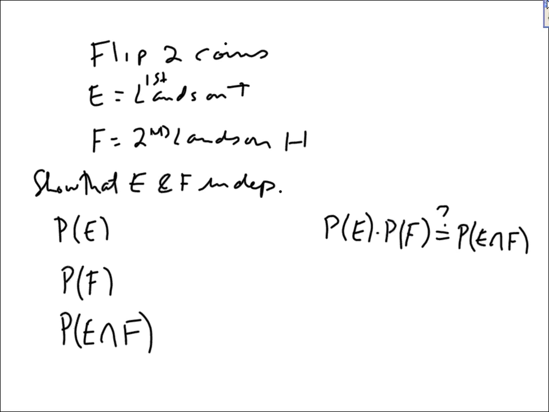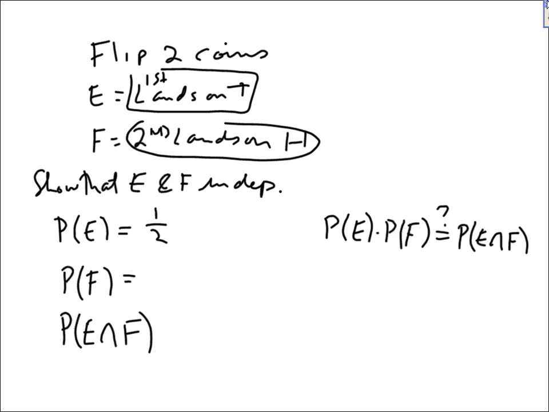Well, the probability of E, the probability that the first coin lands on tail, is 1 out of 2. The probability that the second coin lands on heads is 1 out of 2.